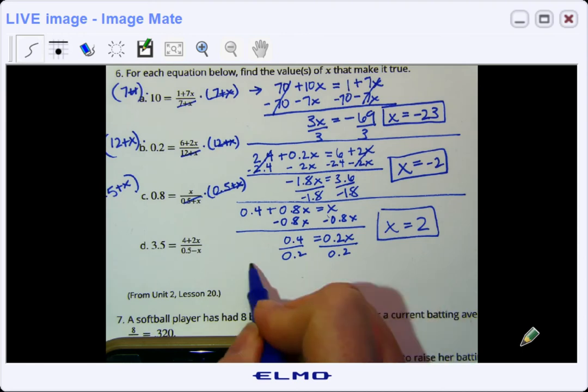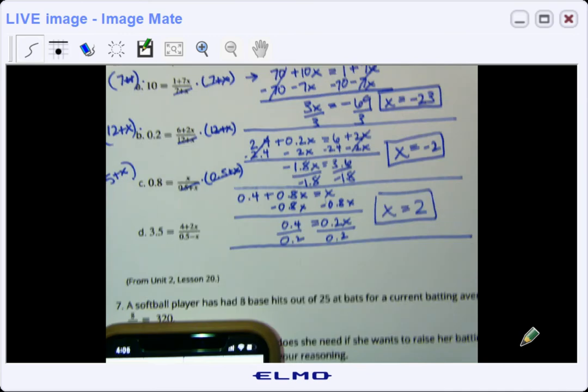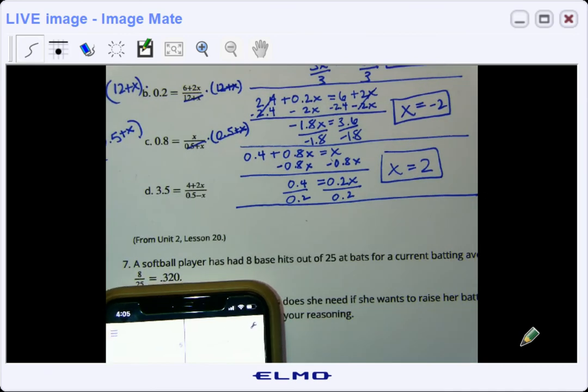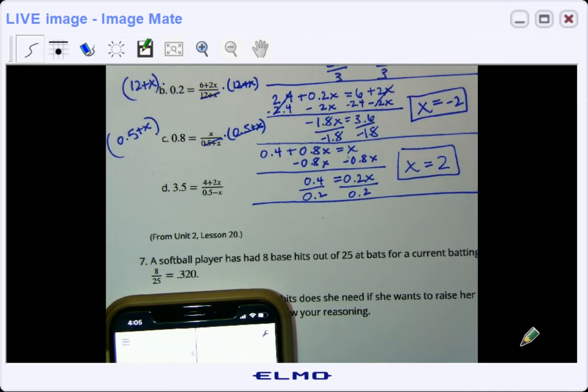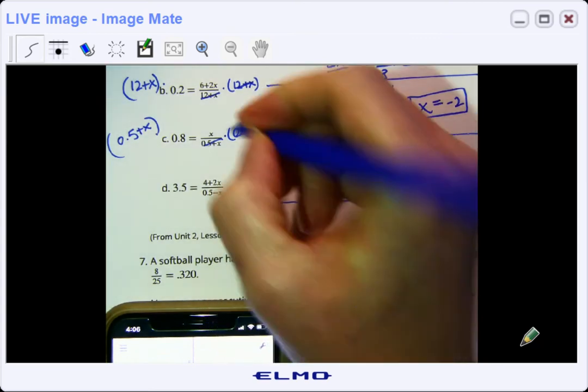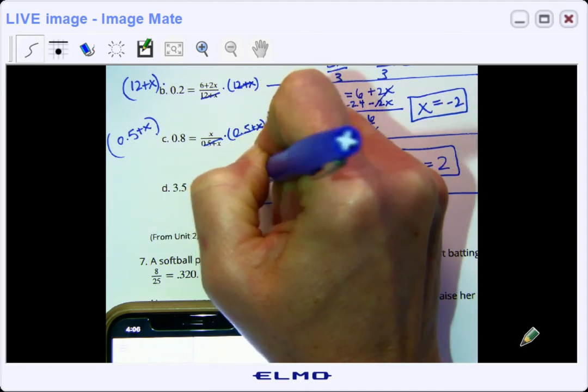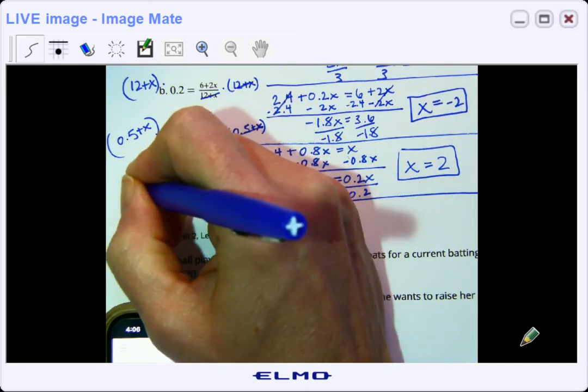And then finally, the last one, problem D. I'm going to start the same way in that I'm going to multiply by the denominator, 0.5 minus x, on both sides.